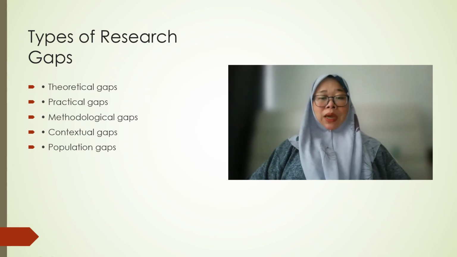A contextual gap, on the other hand, appears when studies focus too heavily on one country or industry while ignoring others. A population gap could include understudied demographic groups. And lastly, a practical gap may involve real-world problems that researchers have not adequately addressed.